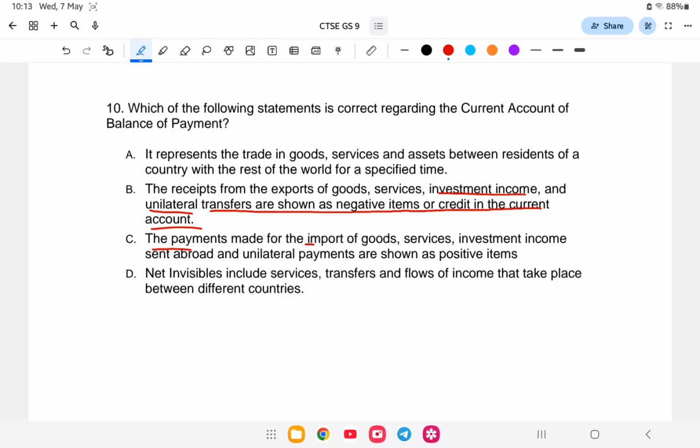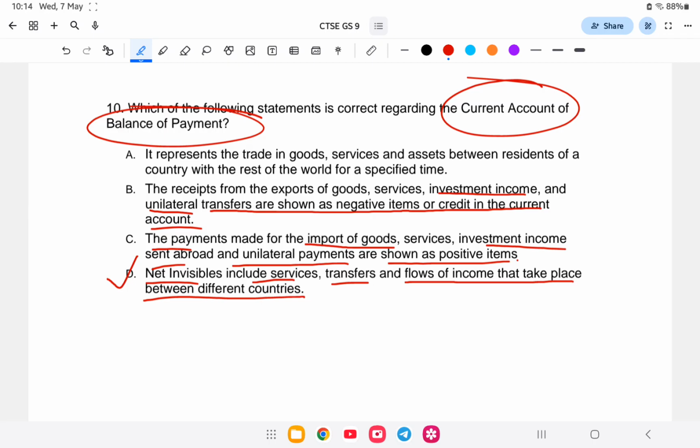The payments made for the import of goods, services, investment income sent abroad, and unilateral payments are shown as negative items. Net invisibles include services, transfers, and income. So what is the answer? The answer is option number D. Net invisibles include service transfer and income, and flow of income that takes place within different countries is the correct representation of the balance of payment current account. So this is the answer.